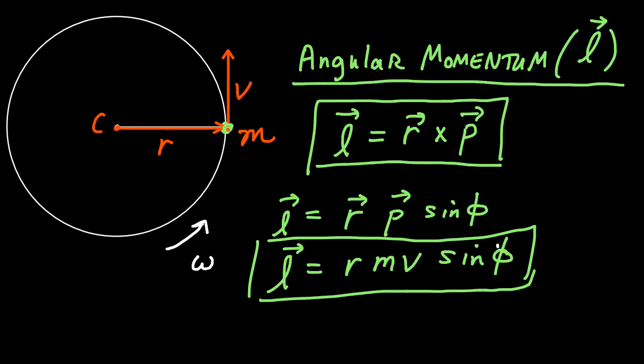This is our most useful working equation. Phi ends up being the angle between the velocity vector, which is the same direction as the momentum vector, and the radius vector. In an approximate drawing of our example, we have the radius vector like this and the velocity vector. Make sure you draw these coming out of the same point. In this case, this is a 90-degree angle.